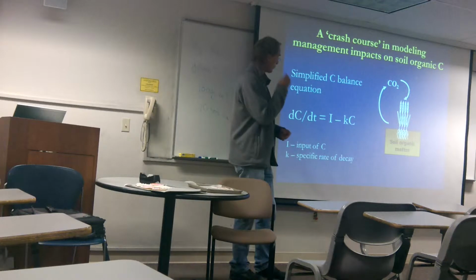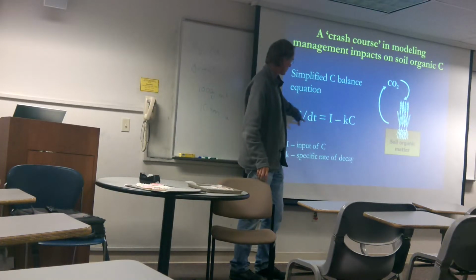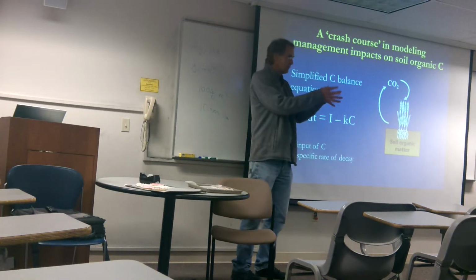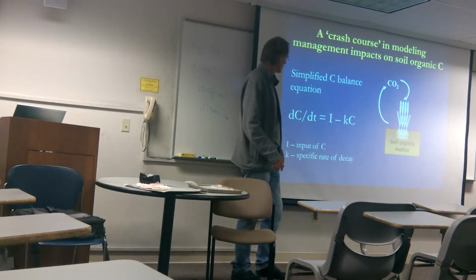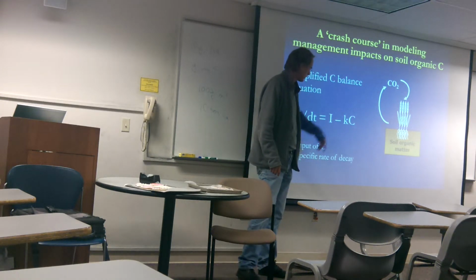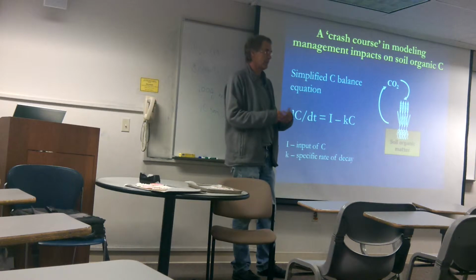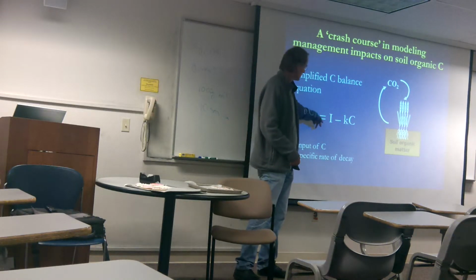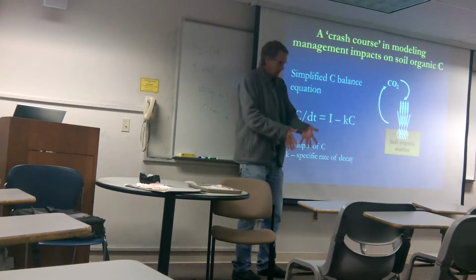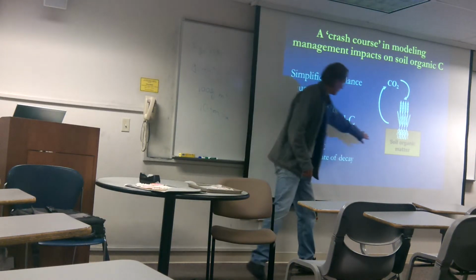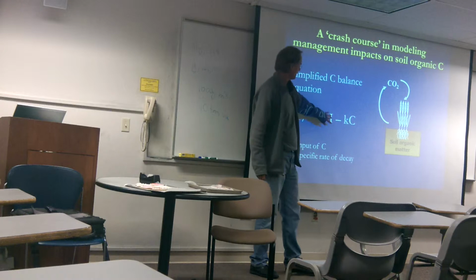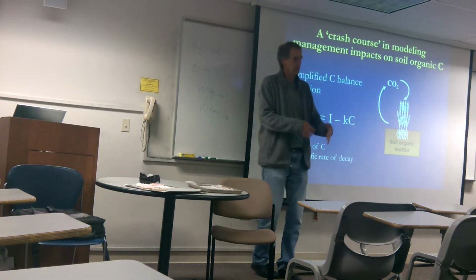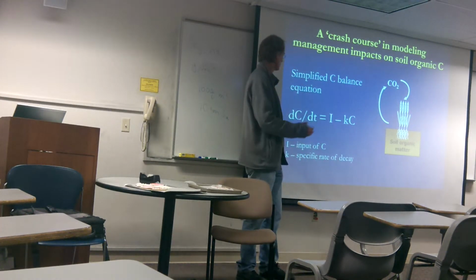So if you want to model the change in carbon as a function of time, you want to look at soil organic matter over time, this would be about as simple as you can depict it, right? So the change in soil carbon over time is going to be equal to the amount going into this box here. We can just treat it as a constant, so it's 2 tons per hectare per year.